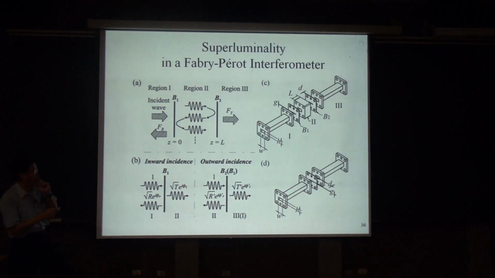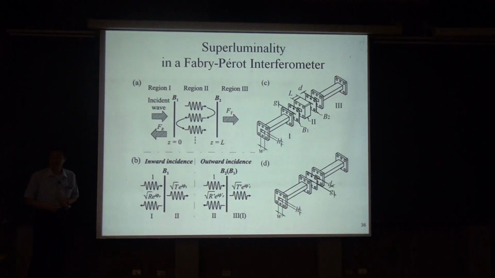Next one. We know the phase at the discontinuity plays a very important role. So can we control this phase? Yes, we can do that. Here, the waveguide is the same size.